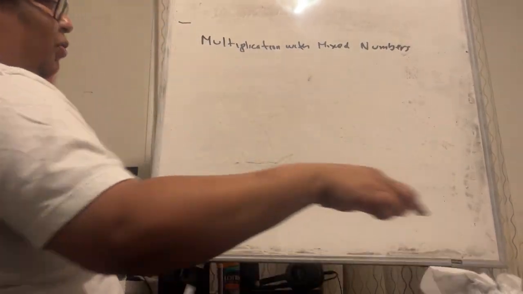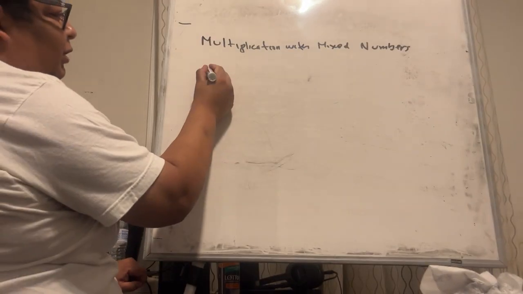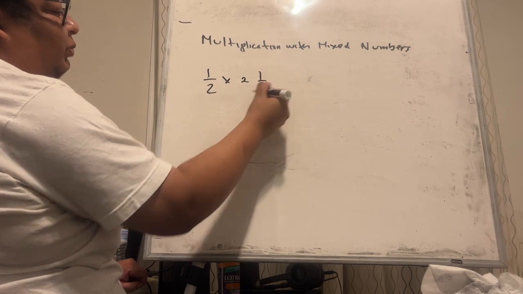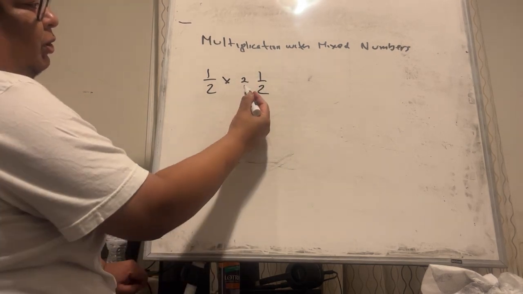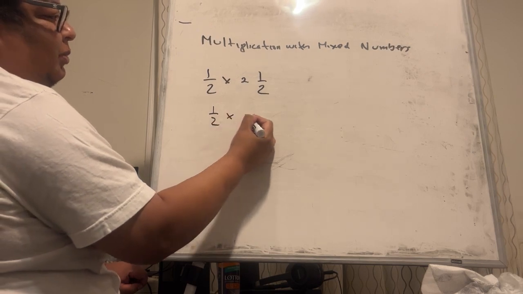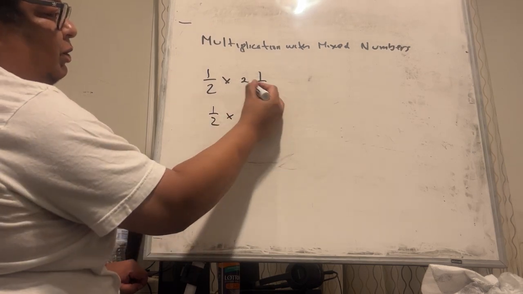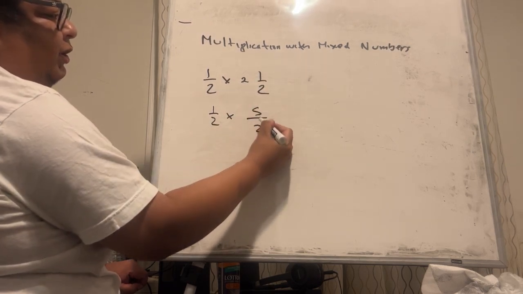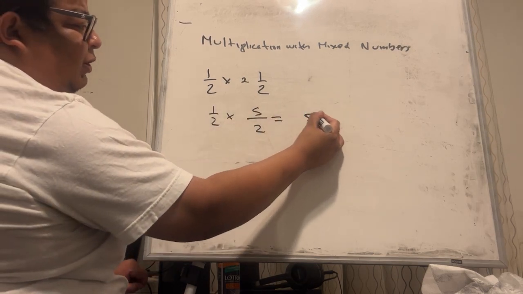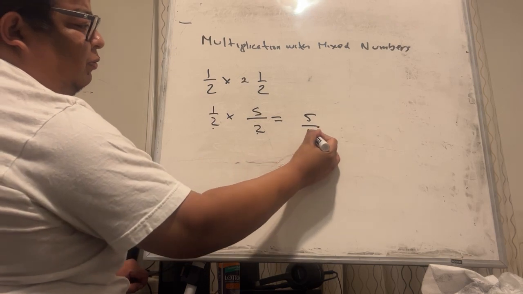And the last case that I want to show you is when you have a fraction times a mixed number. Like I said, mixed numbers turn into fractions. So it will be 1/2 times 2 times 2, 4 plus 1, 5. Multiply across, 1 times 5, 5, 2 times 4, 4.